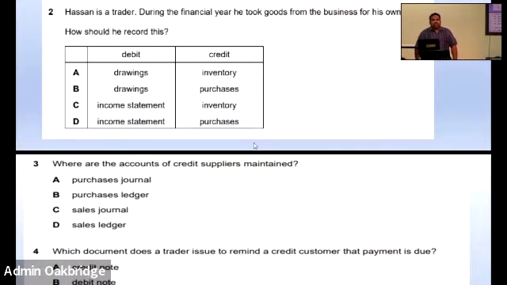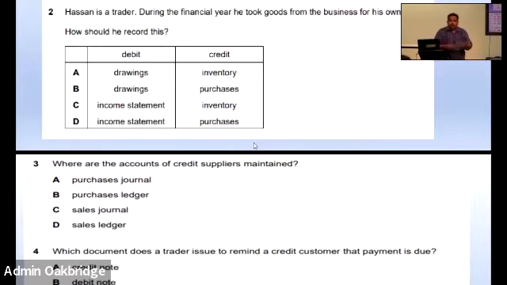Your sales ledger only keeps all credit customers. Purchase ledger only keeps all credit suppliers' accounts. And every other account is kept in the general ledger. Another name for the general ledger? Nominal ledger. So what's the answer for number 3?